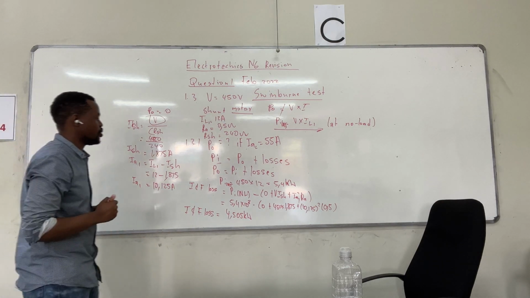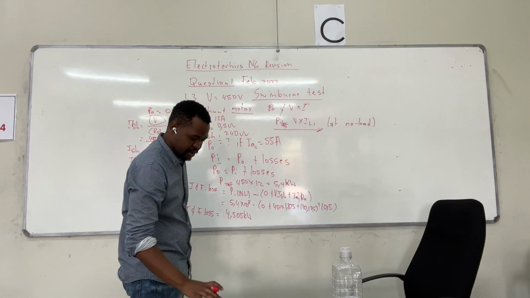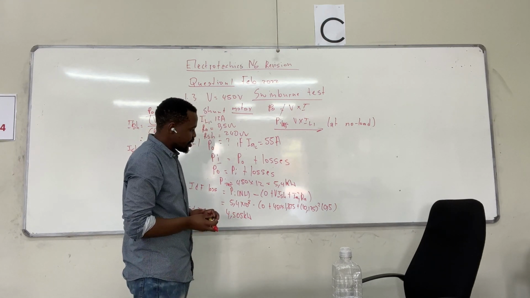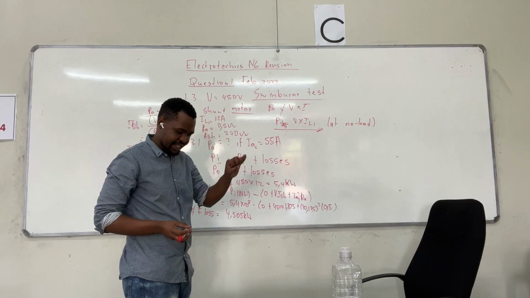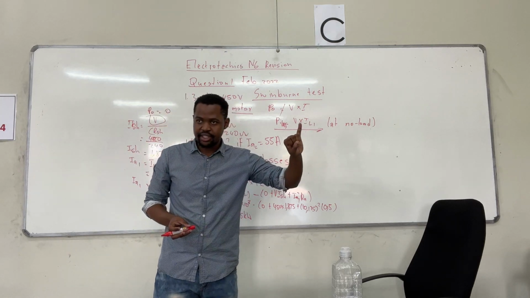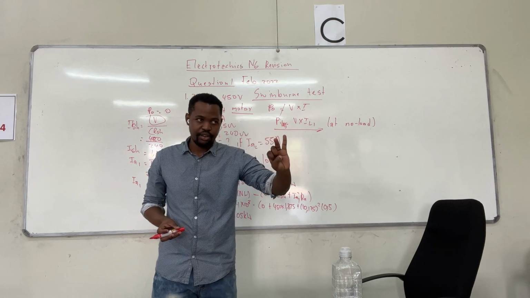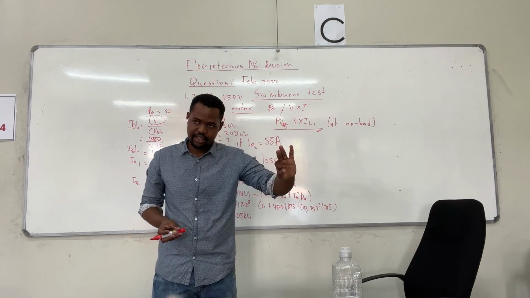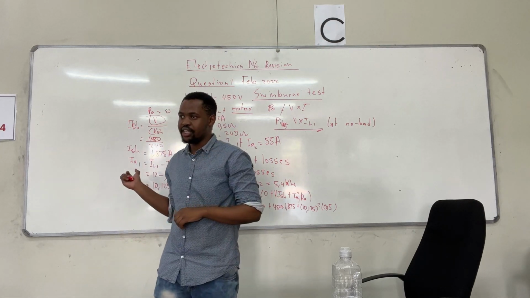Now, total losses. Our total losses are three: the shunt copper loss, the armature copper loss, and the iron and friction loss which we just calculated.